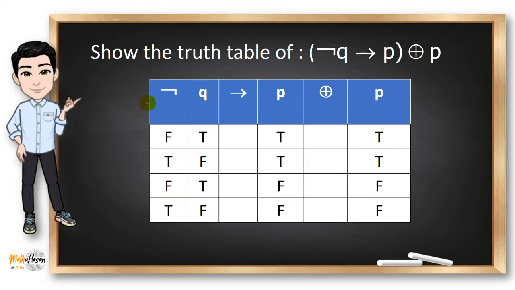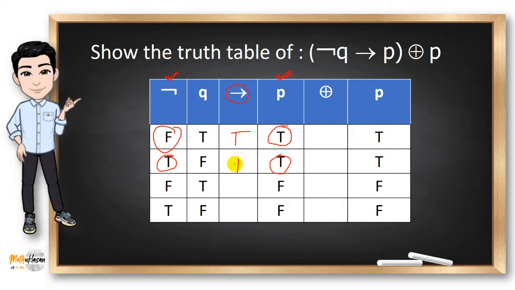After getting the negation of Q, we need to pair this column to P. And we use the operation implication or conditional. Now, what is F implies T? F implies T is true. How about true implies true?